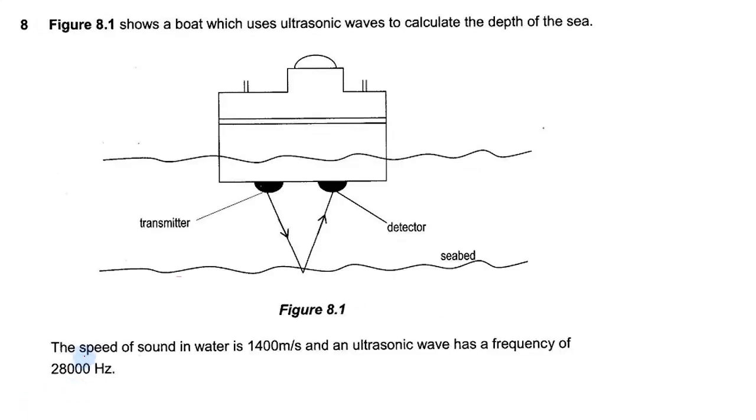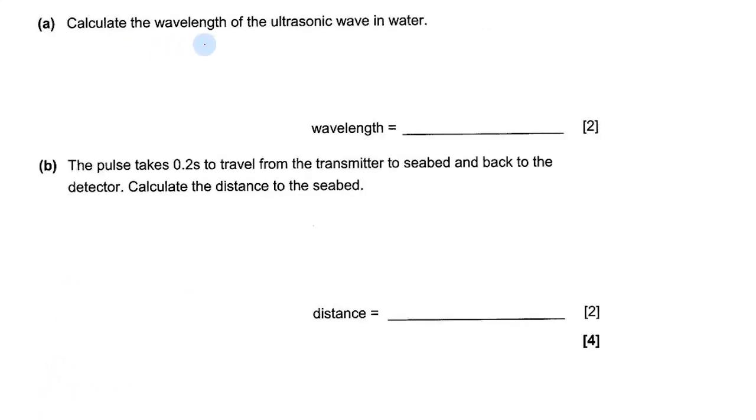Then they're saying the speed of sound in water is 1,400 meters per second, and an ultrasonic wave has a frequency of 28,000 hertz. Then they say calculate the wavelength of the ultrasonic sound. So we know that speed is equal to wavelength times frequency.